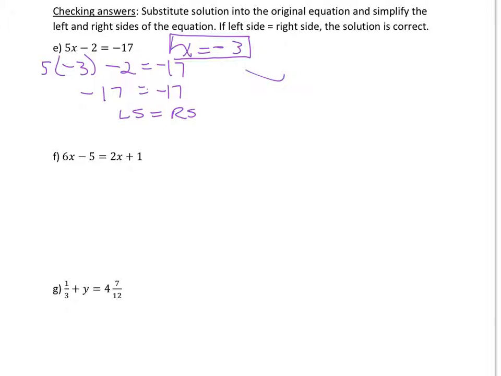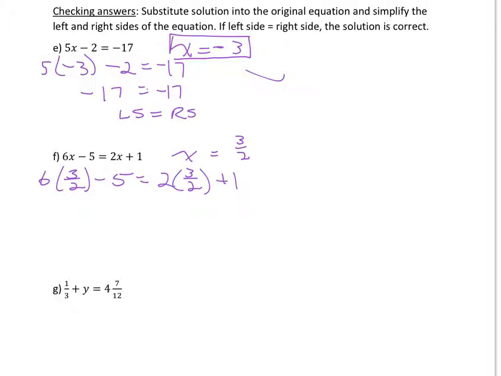Let's take a look at question F, and the solution that we had was x equals 3/2. So we'll substitute the 3/2 into the left and right side. Both of those x's need to be replaced with the 3/2. So I have 6 times 3/2 minus 5 equals 2 times 3/2 plus 1.